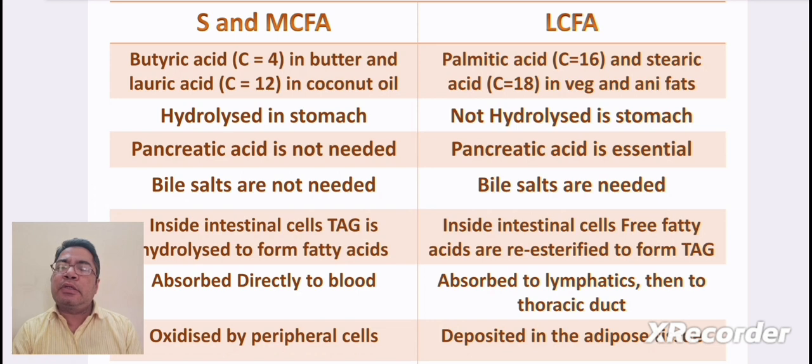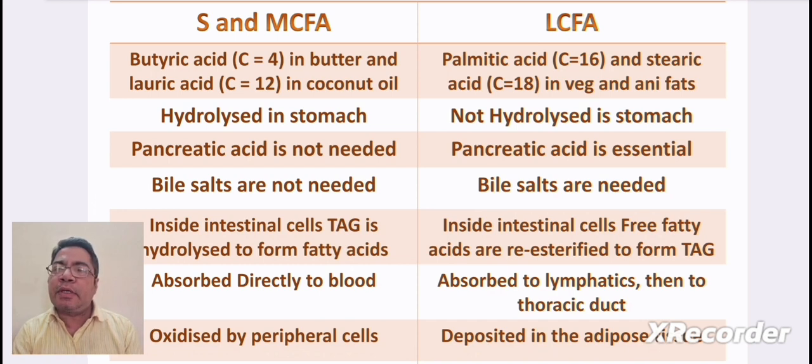Here are seen the short chain fatty acids and medium chain fatty acids against long chain fatty acids. Butyric acid in butter and lauric acid in coconut are seen in MCFA, whereas in LCFA, palmitic acid and stearic acid in vegetable and animal fats are seen.